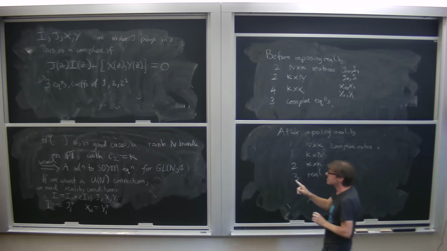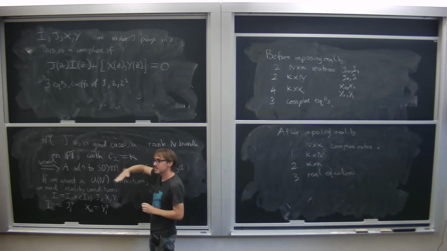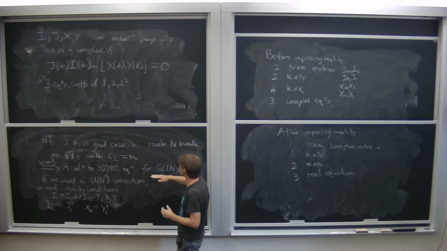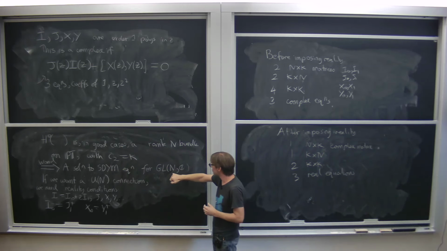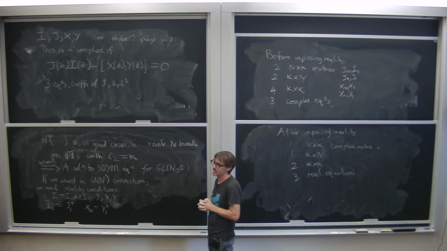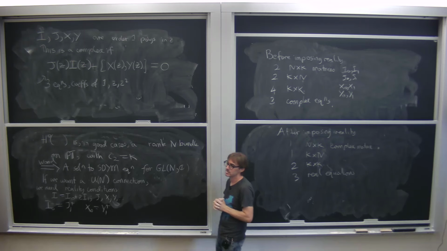Everything's holomorphic, but holomorphic bundles in Twistor space will give me Self-duality equations for the group GLNC, whereas the Uhlenbeck-Yau theorem is about solutions for the group UN. So you get something kind of twice as big.